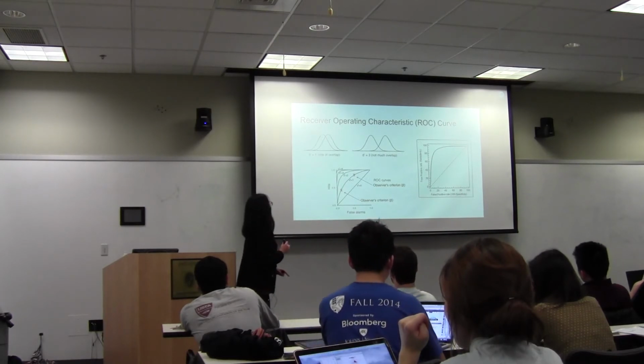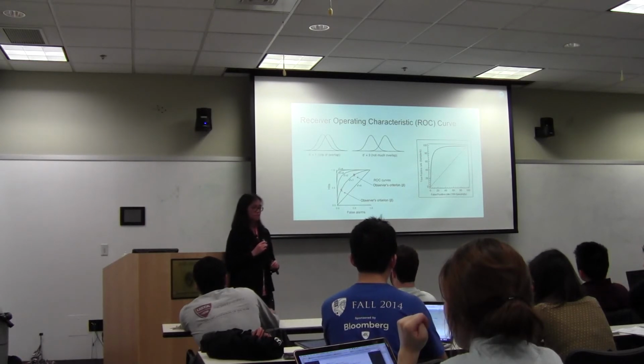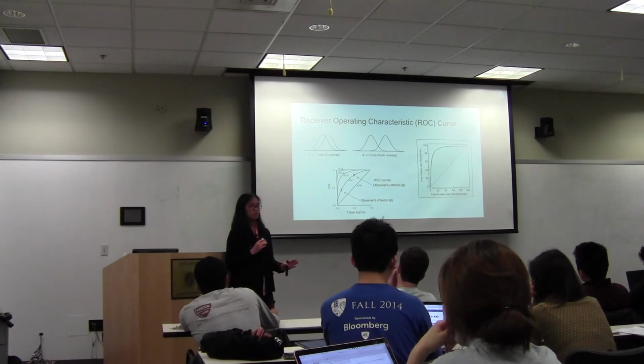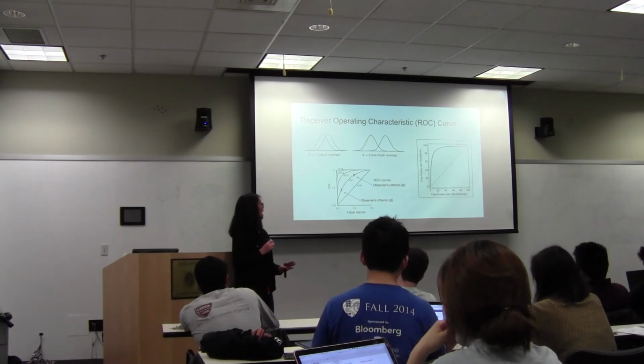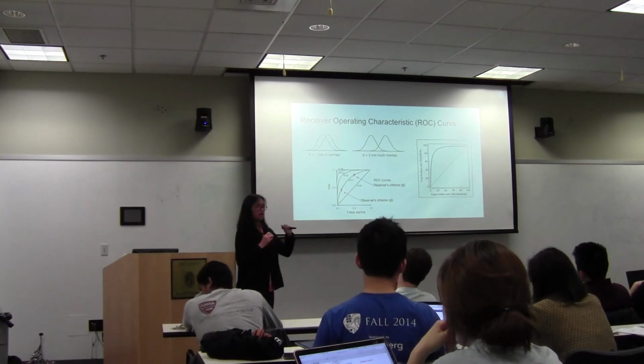Oh, also, once you have a curve, that's like your system, and you can choose your beta threshold for how many false alarms and hits you want to get. Your beta value is just going to move you along that ROC curve that you have drawn.